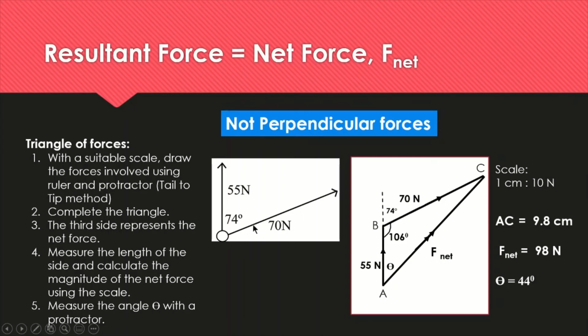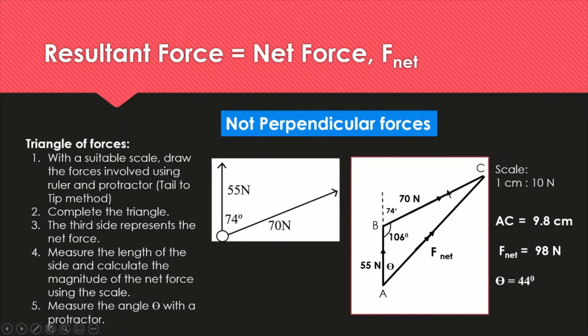Because the angle between the two forces is 74 degrees, to draw the 70 Newton, 180 minus 74 gives us 106. So we use a protractor, measure 106 degrees and draw this line BC.